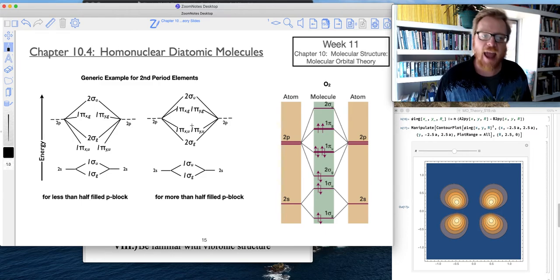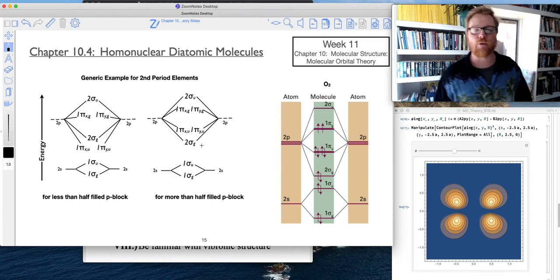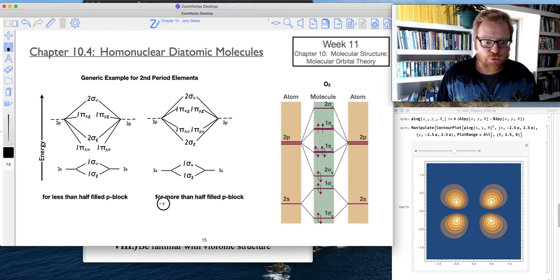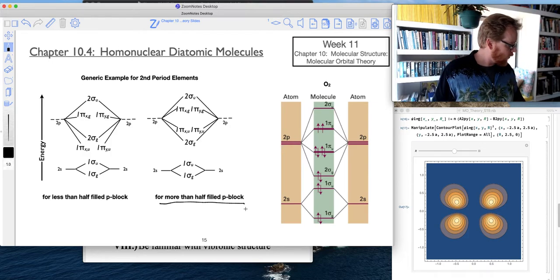Now, when I get up into the 2p level, pay attention to this. This is for more than half-filled p block. For more than half-filled p block. I'm going to get to my little description here. Yes. Okay.